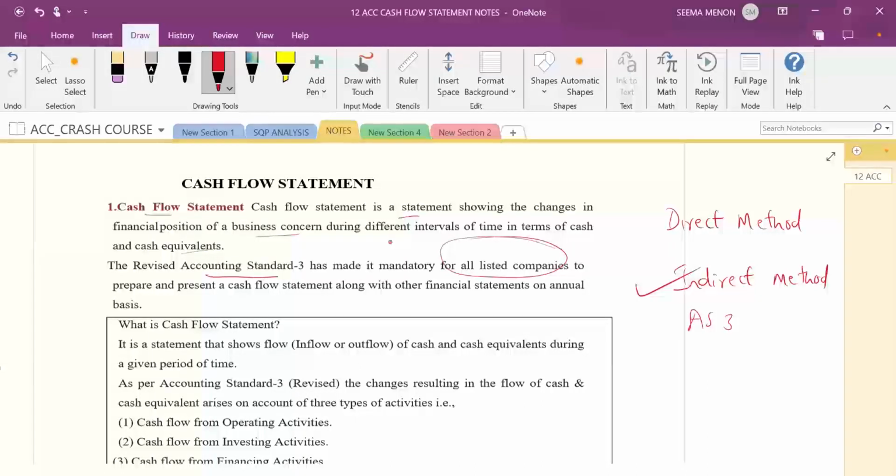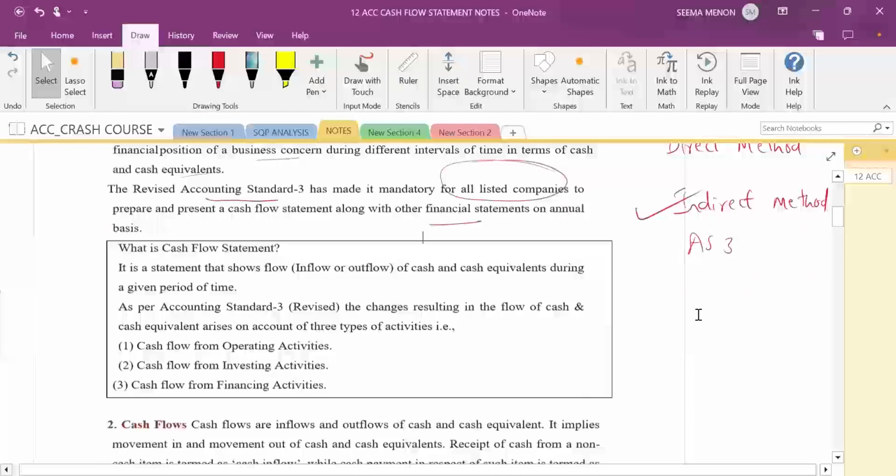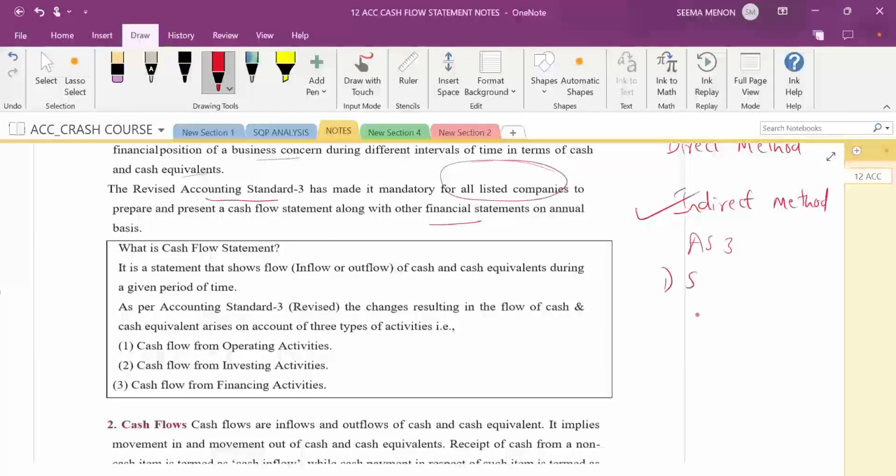Financial statement includes four elements. The first element is the statement of profit and loss. The second is the company balance sheet. The third is notes to accounts. And the fourth element is our cash flow statement, which is prepared as per AS 3 under the indirect method.